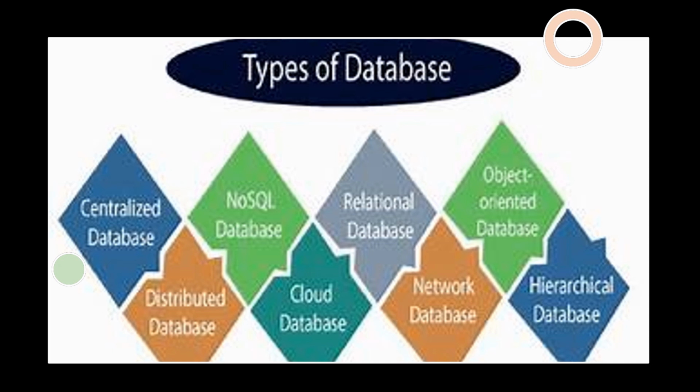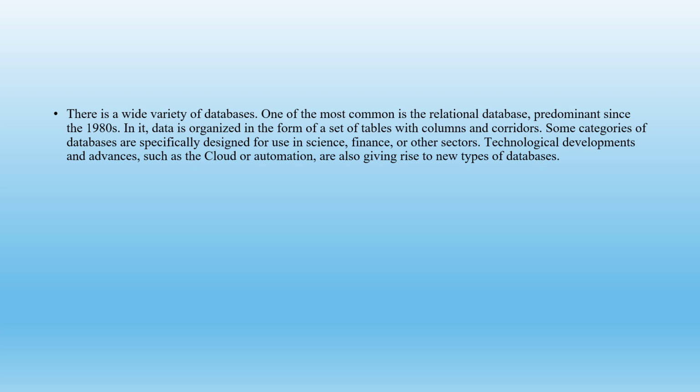Now, we're going to get into the types of databases. There are several, or shall I say, various varieties of databases. One of the most common types is the relational database. It's been around since the 80s.